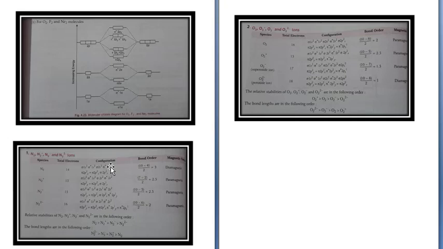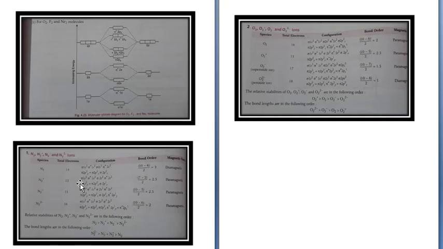Now in N2 plus, which has 13 electrons, it has lost 1 electron from the last orbital, so sigma 2p2x has become sigma 2p1x.